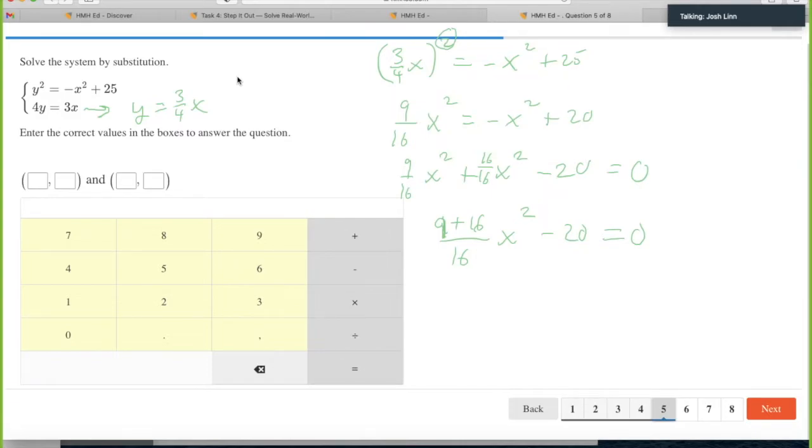No, I didn't. Just checking. Anyway, so we need to get x squared by itself. So then I'm going to combine these two. So that's going to be 25 over 16 x squared equals 20. We're going to multiply both sides by the reciprocal.